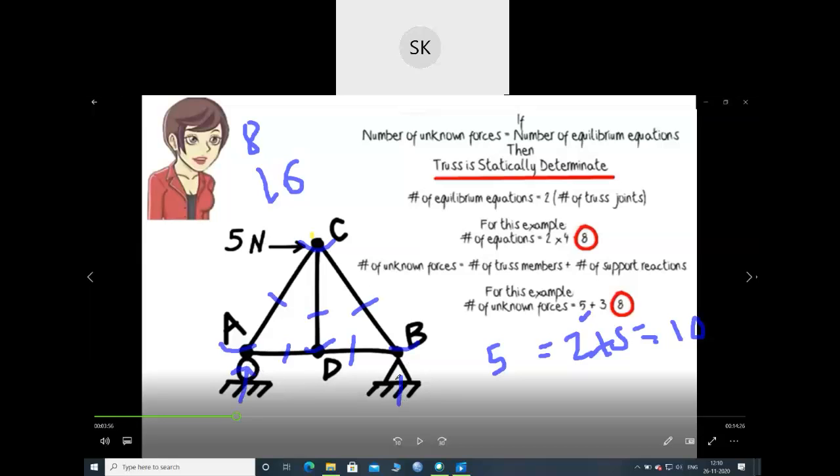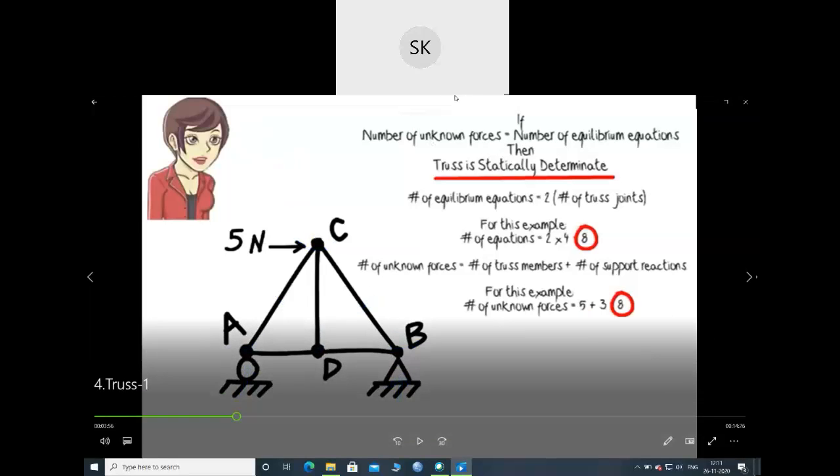And a pin support gives two reactions. So I have three reactions, so that is 3. So it equals 8. Both are equal, so this truss is stable. If the number of unknown forces is more than the number of equilibrium equations, my truss will be indeterminate. Understood? Okay, let me take one more example.